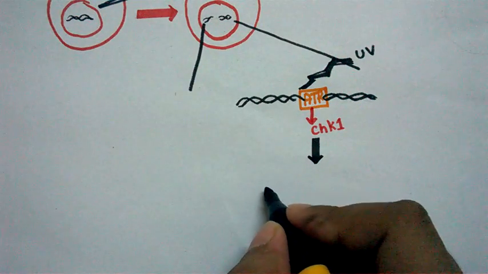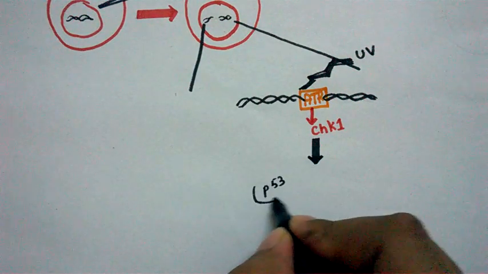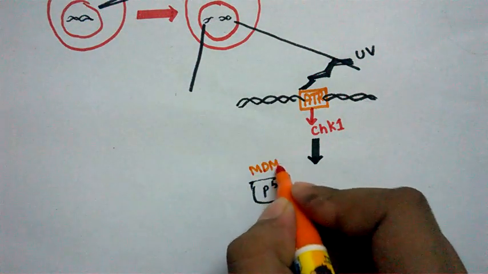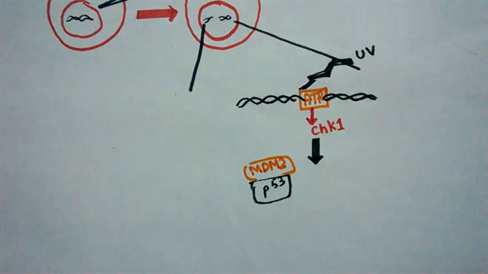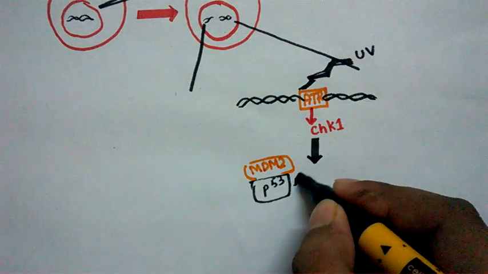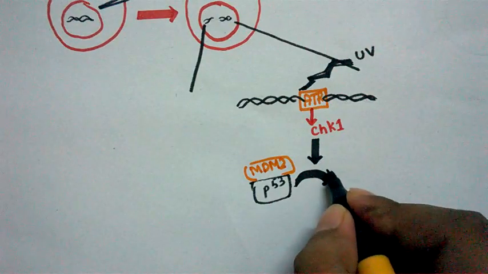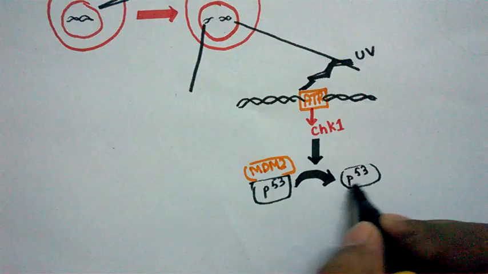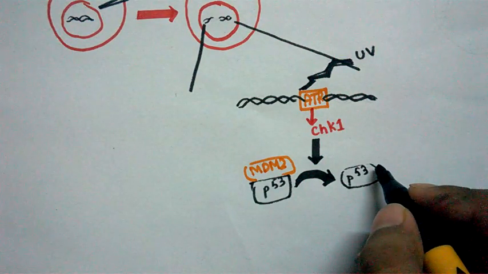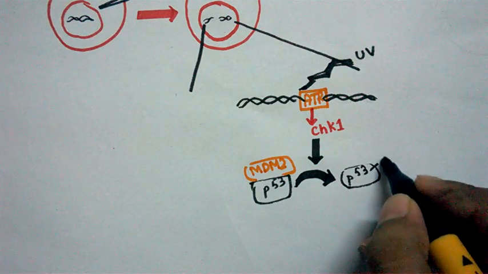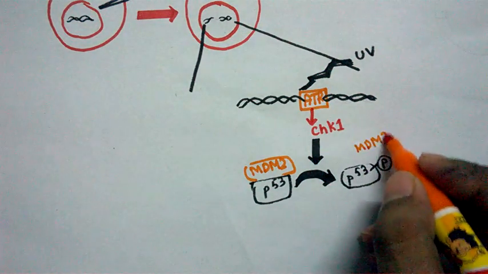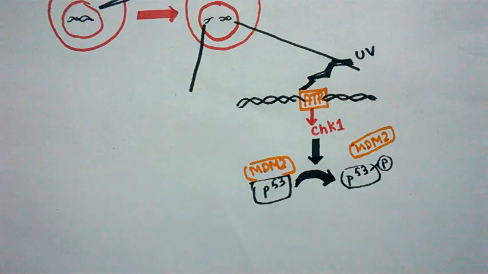In the meanwhile, in the cell, p53 is inhibited by another protein named MDM2. But p53 gets phosphorylated by Chk1 when ATM or ATR senses DNA damage. Then MDM2 can't hold p53 any longer. Now p53 is free.